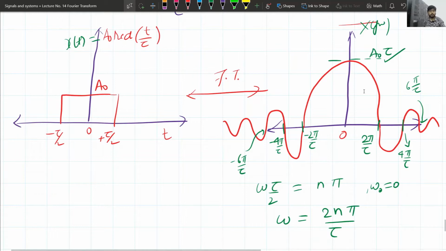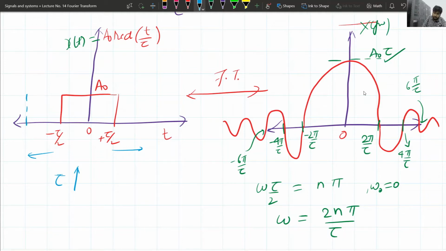Now one thing to notice here is that suppose you keep on increasing the value of tau. Then the rectangular function will expand outward because tau is increasing. That means the window of the rectangular function is increasing.